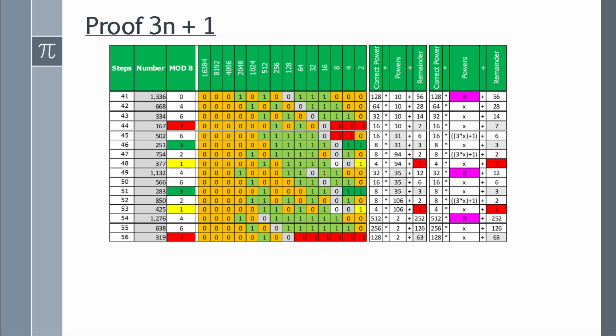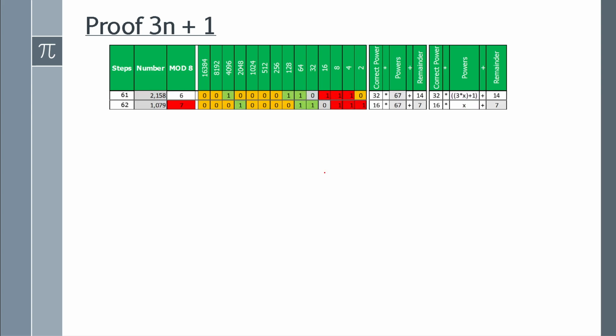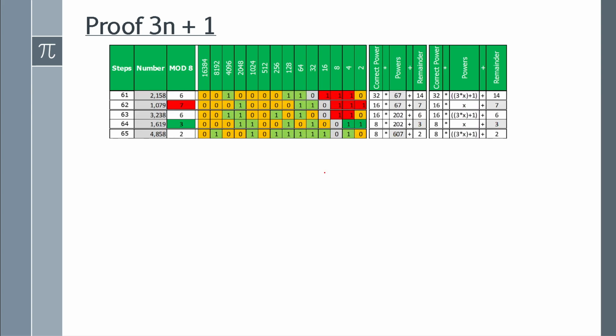We're at 319. 319 is 6 ones. And so we're going to go up 6 times. Right, so we're going to climb 6 times. Right, so we climbed all the way up to 4,858.